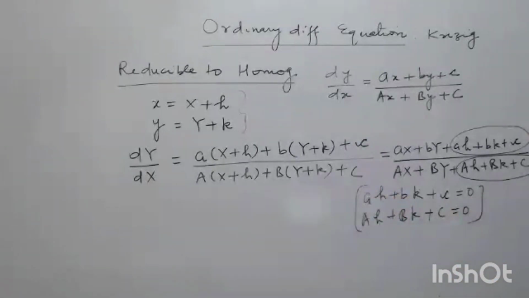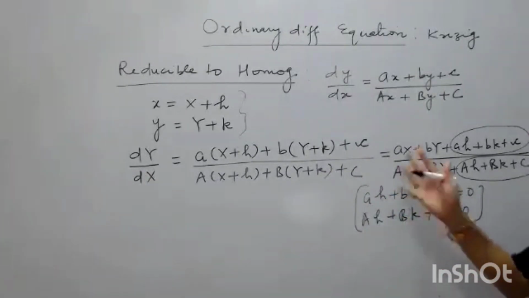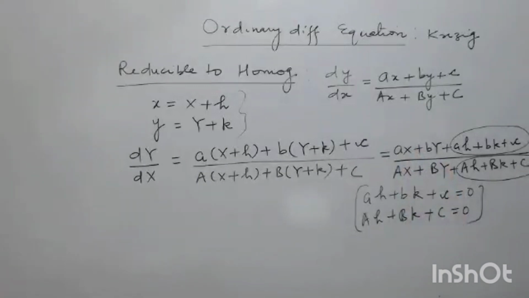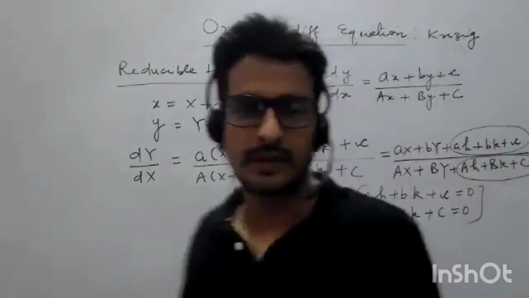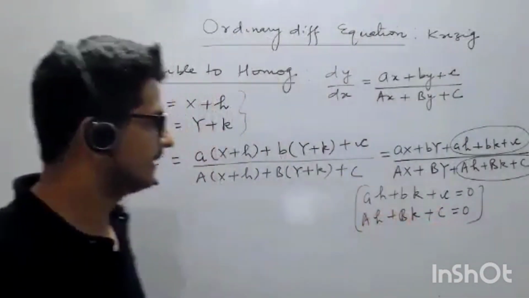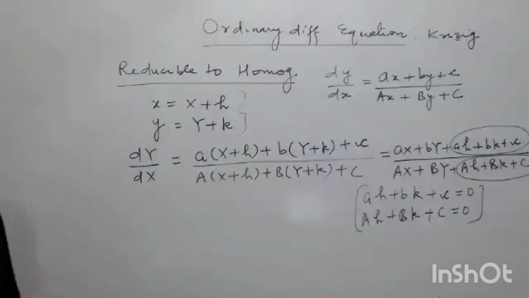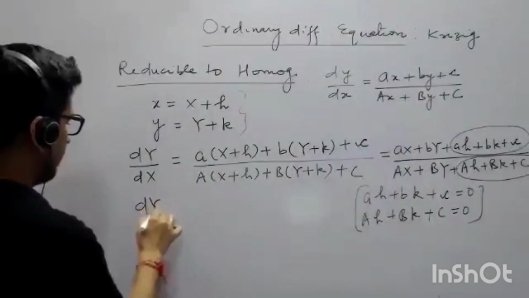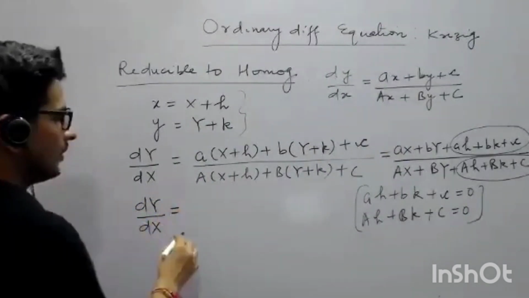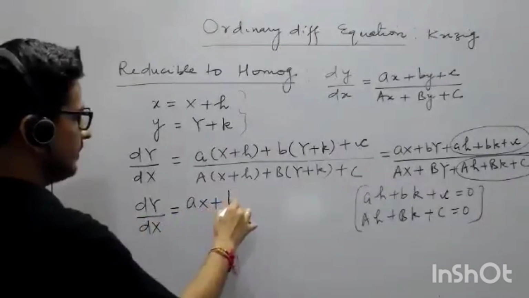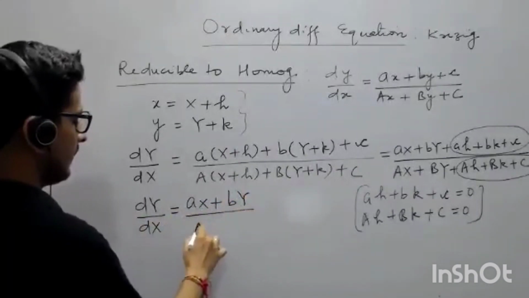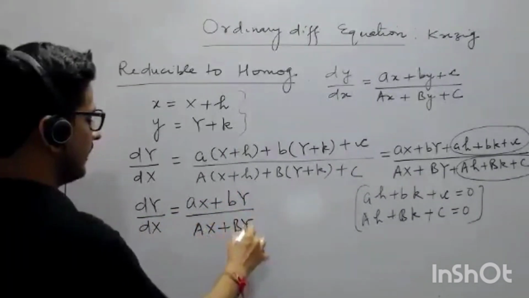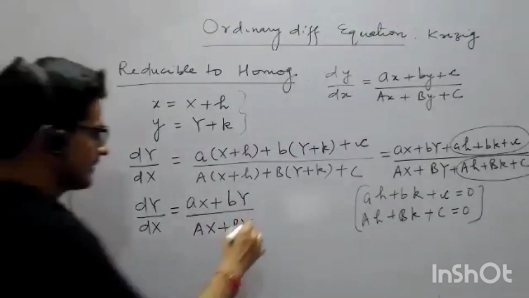And there is a condition that this should be solvable, because in some cases this cannot be solved. In those cases we can't apply this method. So if these two simultaneously become 0, then our equation will reduce to d capital Y by d capital X is equal to ax plus by over ax plus by, which is actually homogeneous.